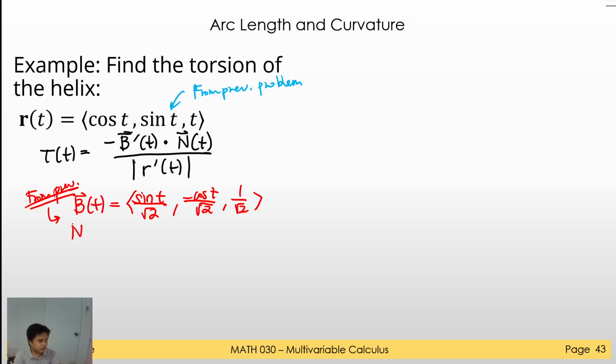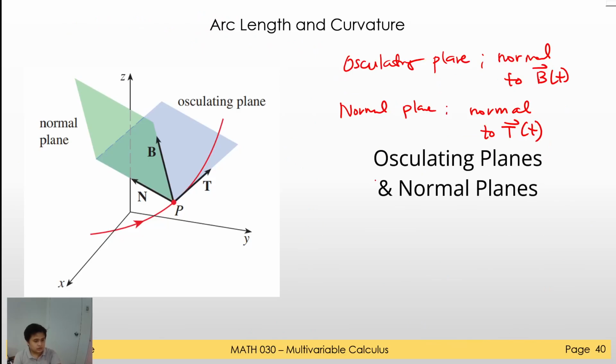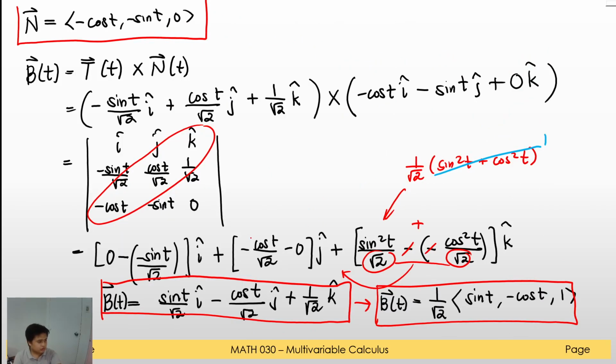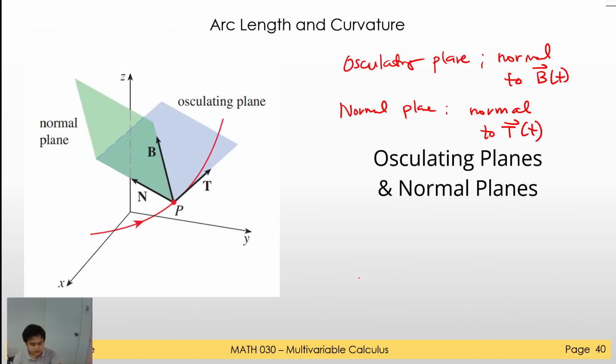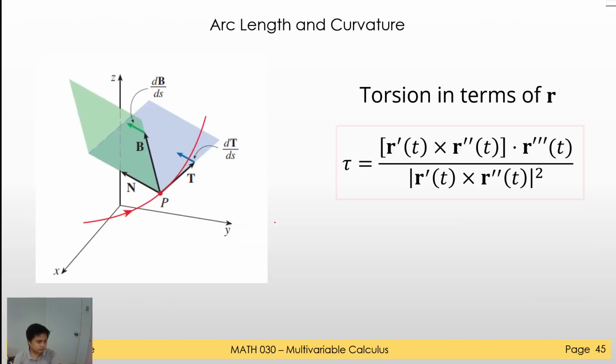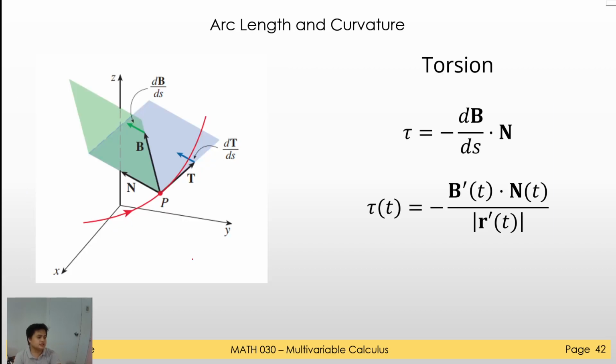What's next? We have the normal vector as well. The normal vector is negative cos t, negative sine t, and 0.